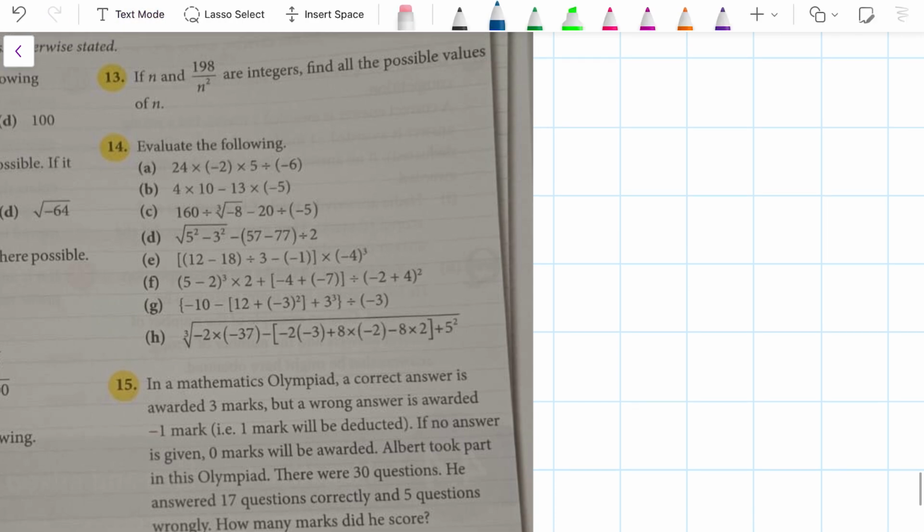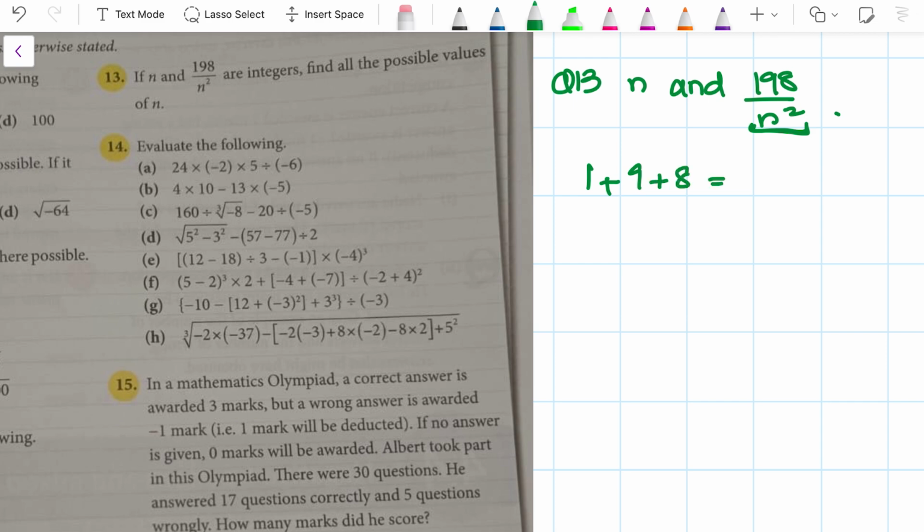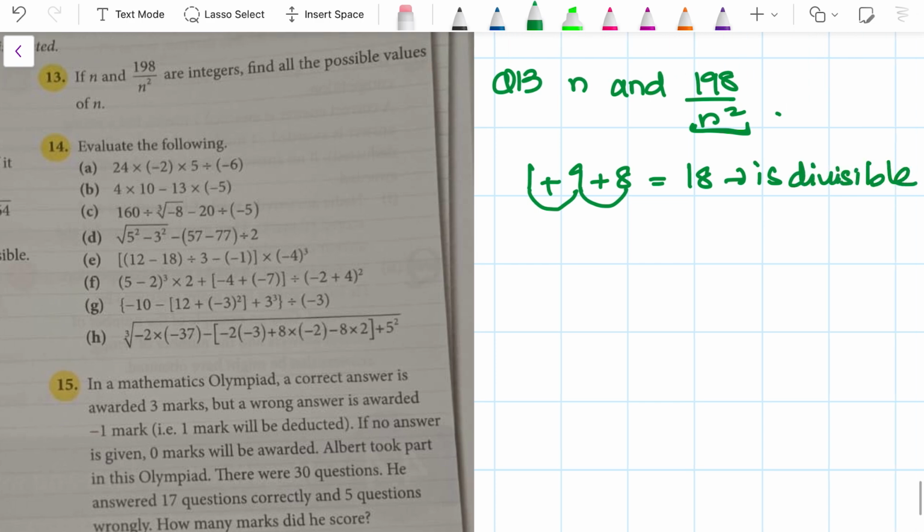So okay, let's look at one. If n and 198 upon n square are integers, that means this number should be such that it divides 198 completely. So if you add 9 plus 1 is a 10, 10 plus 8 is an 18. 18 is divisible by 3 and 9 both.